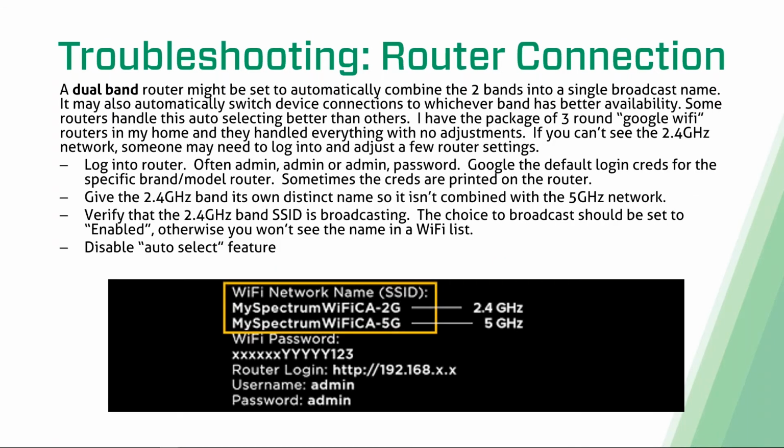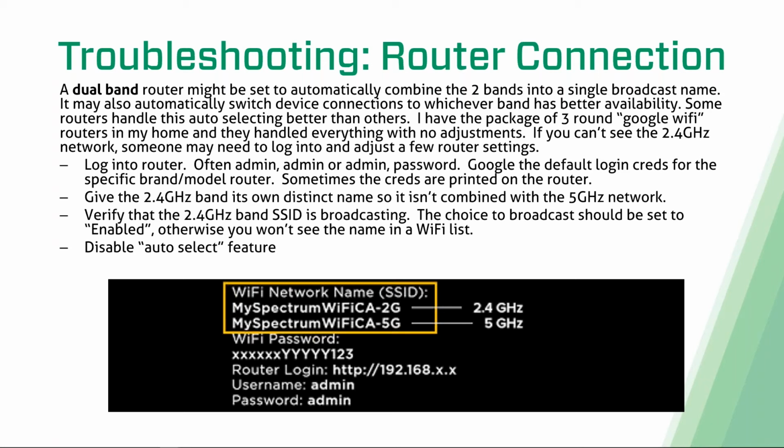Dual band routers are pretty much the norm these days. All that means is that it's broadcasting both a 2.4 gigahertz signal and a 5 gigahertz band. So it's utilizing both, and it's able to manage traffic on both bands. What happens is a lot of these routers nowadays combine those two bands into a single broadcast name.